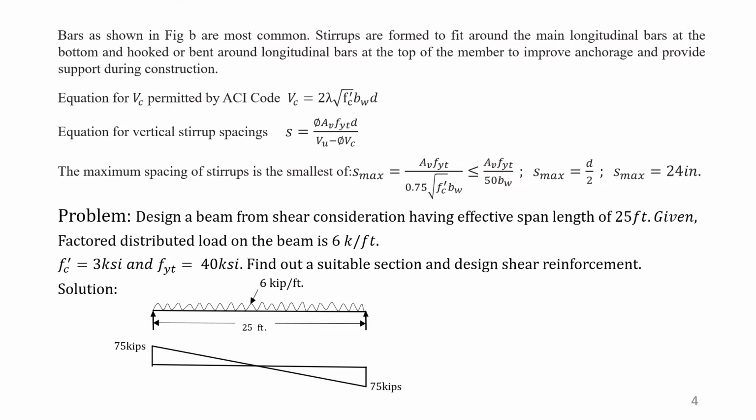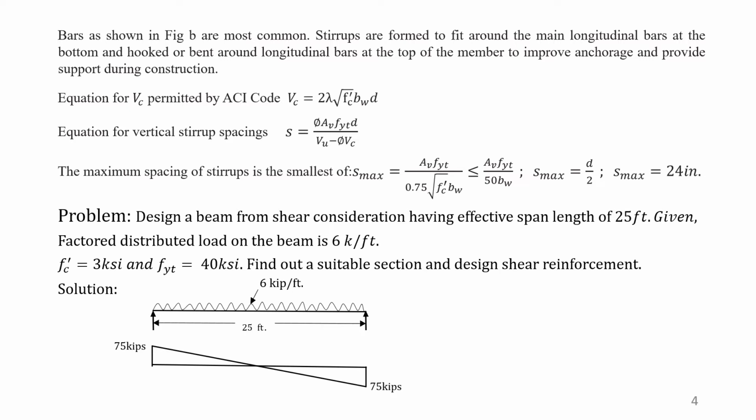And we cannot construct a beam without shear reinforcement, because if we construct any member only with concrete, then there will be a brittle failure, a sudden failure. That's why we will be using shear reinforcement. And for shear reinforcement, we have stated the equation of S, spacing of the stirrup.